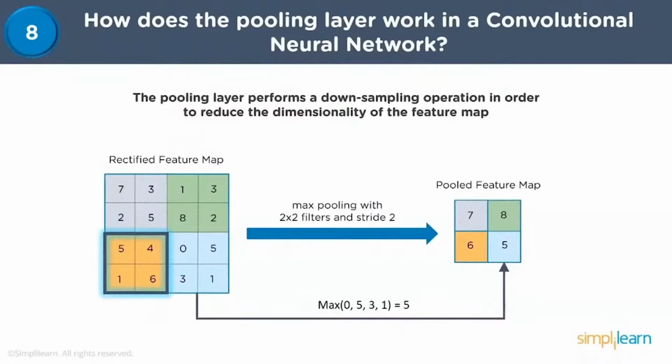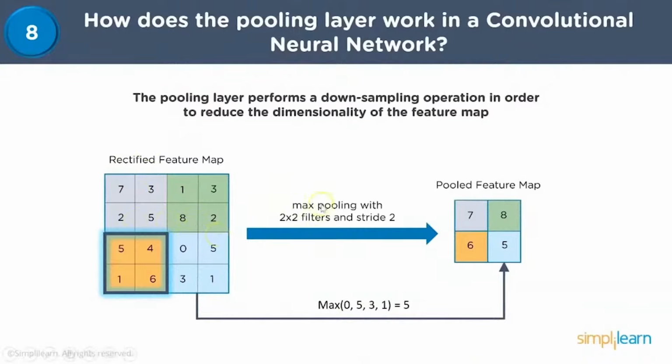It is a common practice to periodically insert a pooling layer in between successive convolutional layers in a convolutional neural network architecture. The pooling layer operates independently on every depth slice in the input and resizes it spatially using the max operation. In the diagram shown here, you can see we have a rectified feature map.